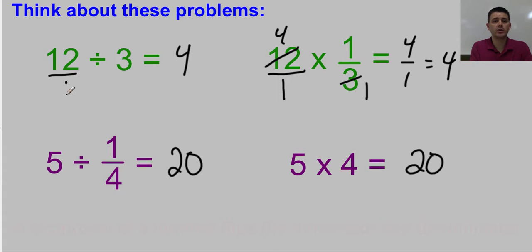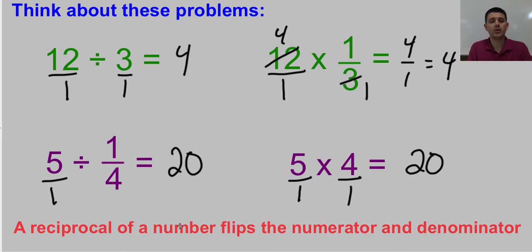Over here I had 12 over 1 divided by 3 over 1, so I'm dividing by a fraction, but I got the exact same thing by multiplying by 1 over 3. Here I was doing 5 over 1 divided by 1 over 4. That got me the same thing as 5 over 1 times 4 over 1. If you remember back to last year, you'll remember something called the reciprocal.